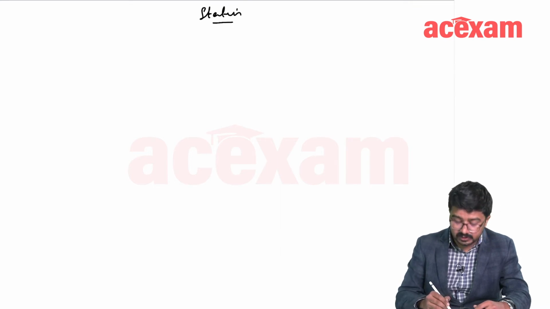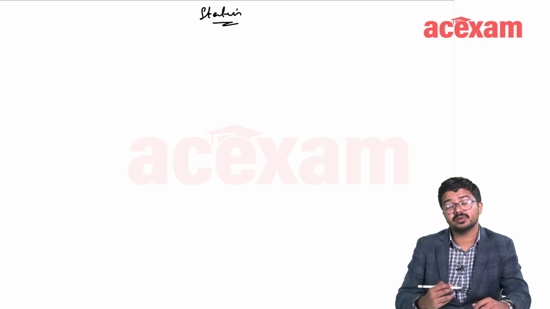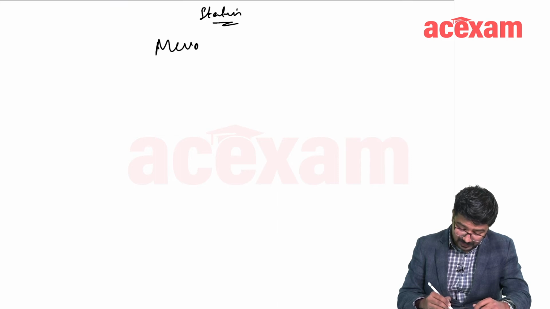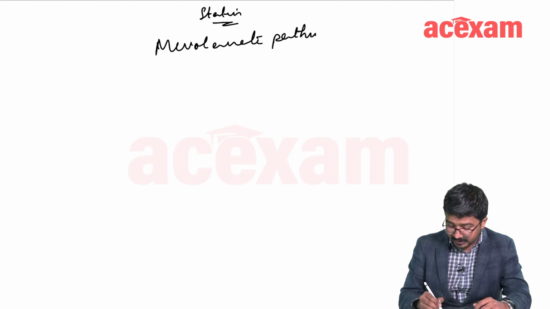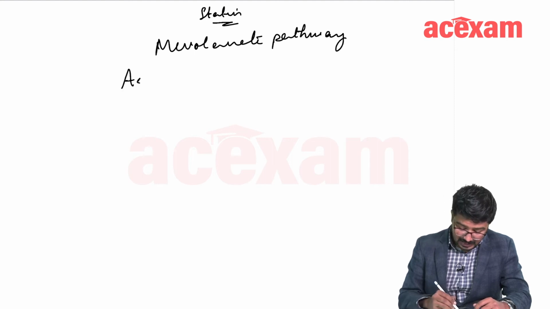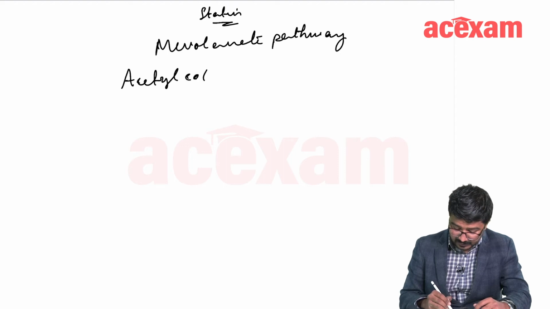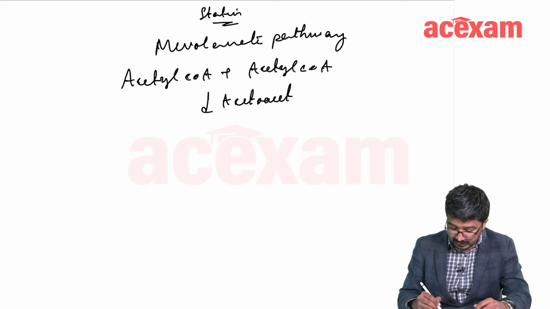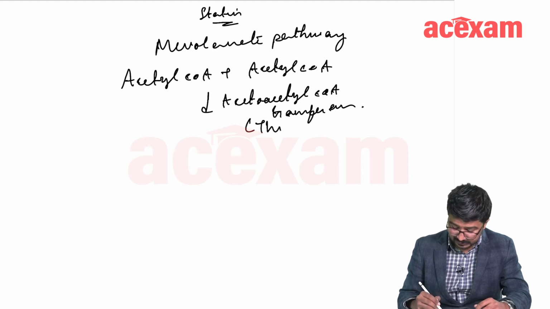So statin inhibits cholesterol synthesis. How does it inhibit cholesterol synthesis? By means of acting on an enzyme on the mevalonate pathway. So the pathway reads as acetyl-CoA combines with acetyl-CoA by means of the enzyme acetyl-CoA transferase, also known as thiolase.